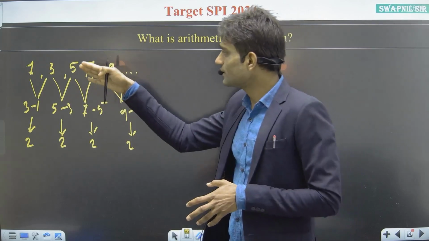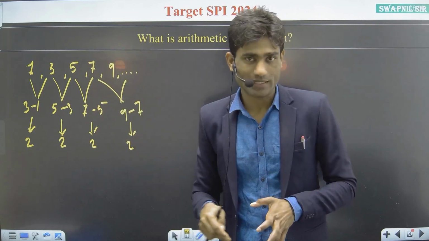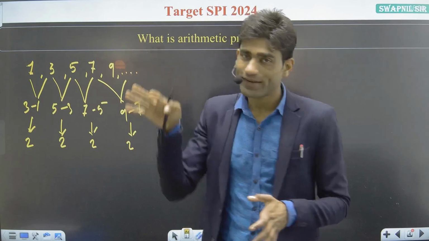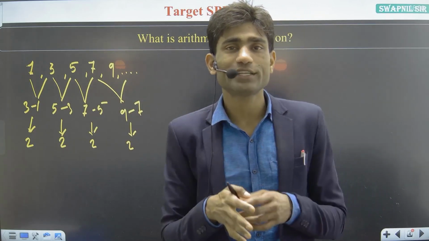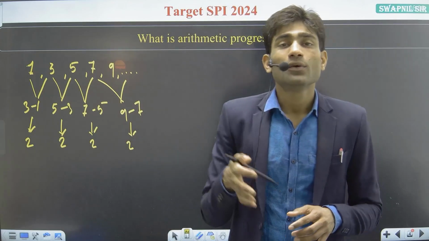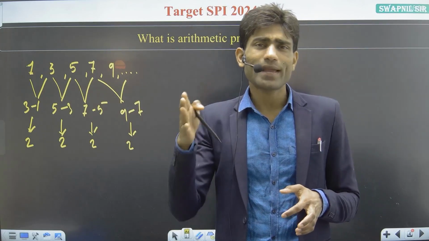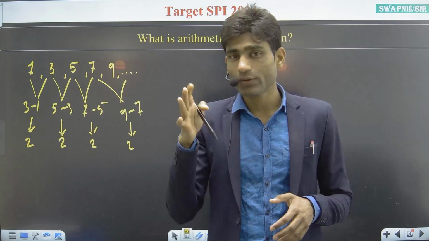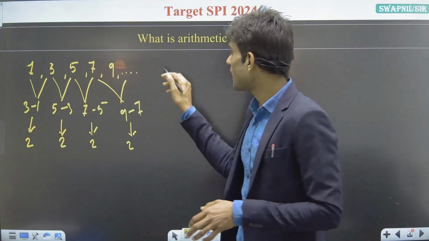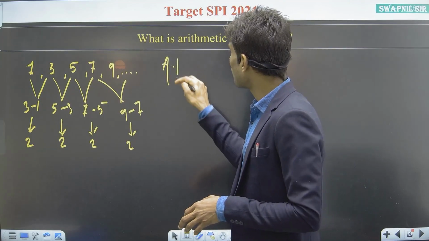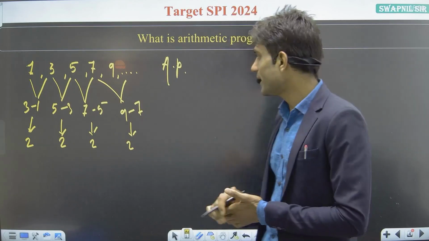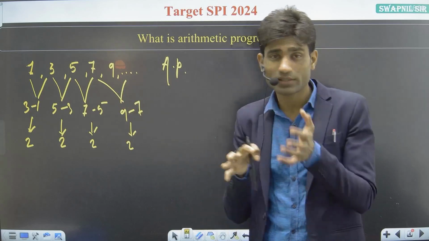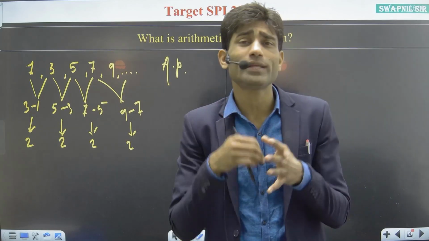If we consider second element minus first element, third element minus second element, meaning the difference between two subsequent consecutive terms, and it comes out the same everywhere in our sequence, then we call it an arithmetic progression. This is the definition of arithmetic progression, which I explained with one example.